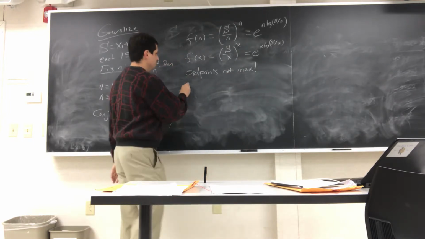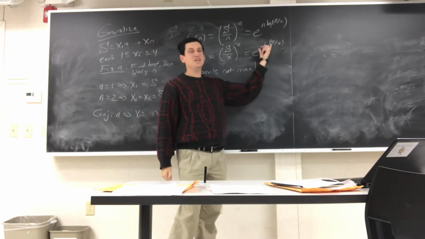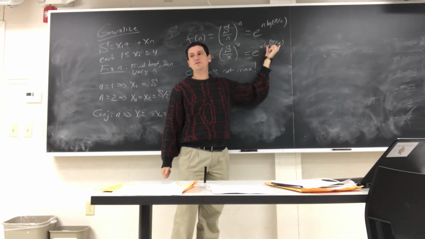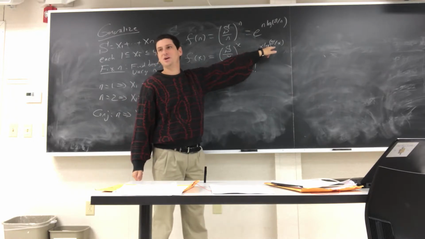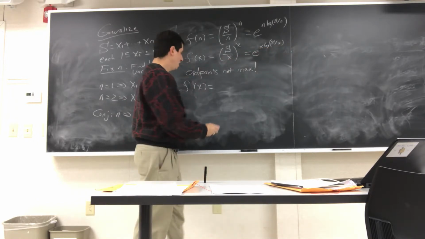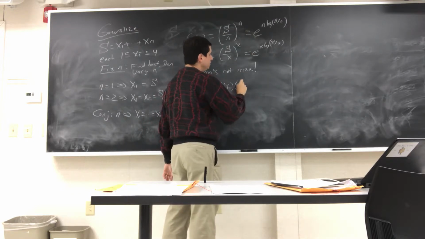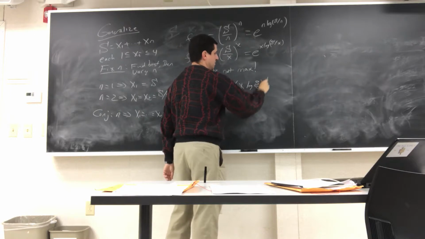So we need to take the derivative. Now when we take the derivative of this, what's nice is you have the exponential, then times the derivative of the argument. But we're trying to set the derivative equal to 0 to find the critical points. I don't actually care about this part because that part's never going to be 0. So I get my function again, and now I need the derivative of x log (s over x).